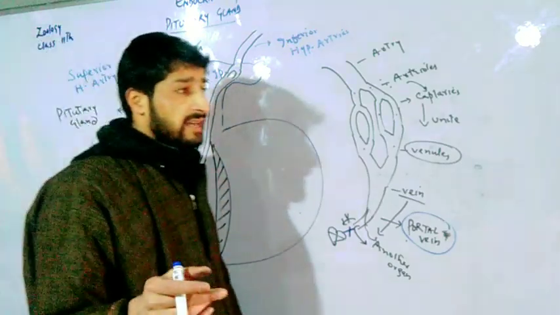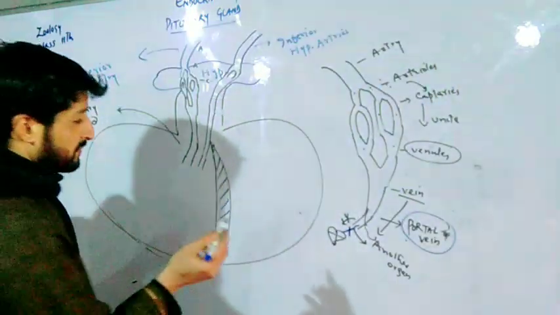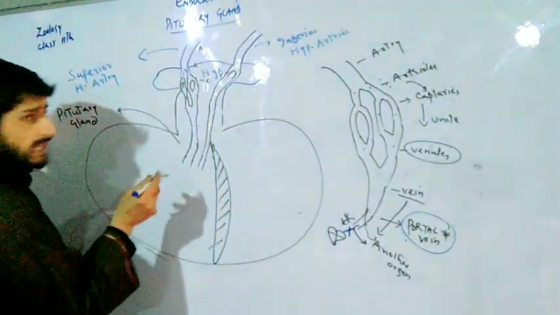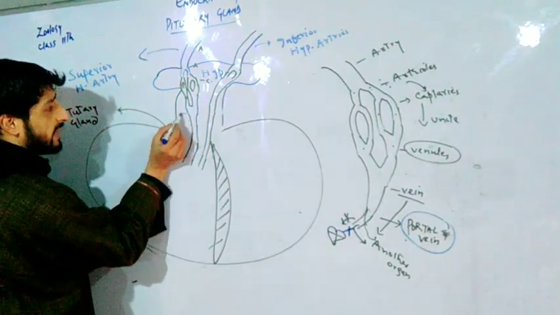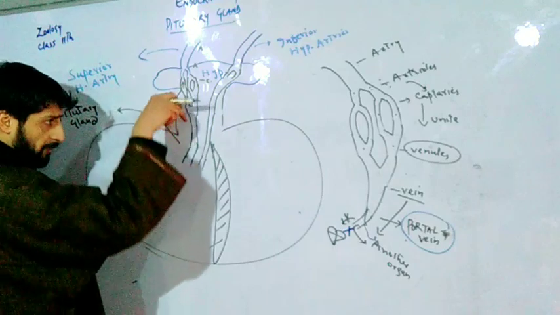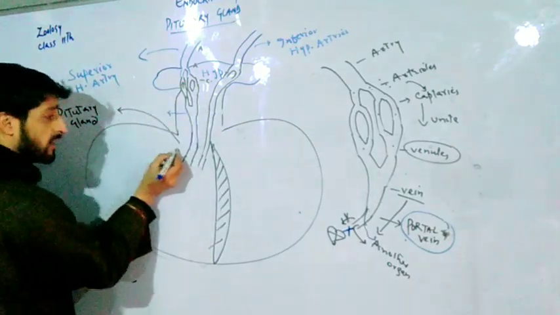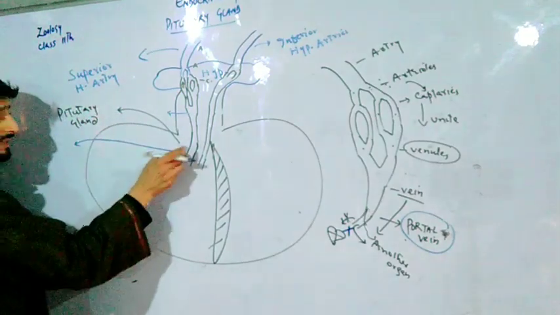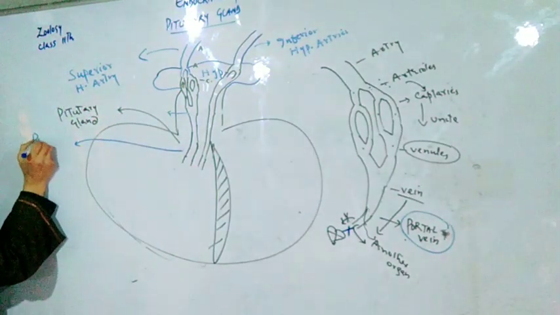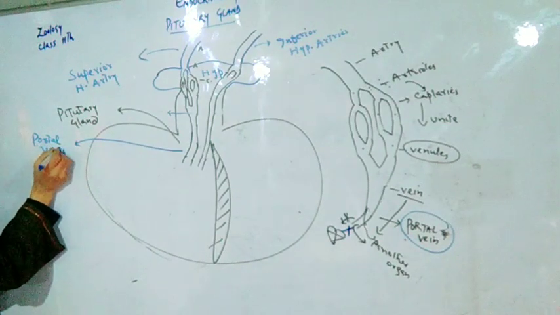Like you have studied in class 10th, hepatic portal vein, renal portal vein. Same is the case here. These hypothalamic veins do not take blood to the heart, but take blood to the pituitary gland. So should I say these are the portal veins? These are the portal veins.